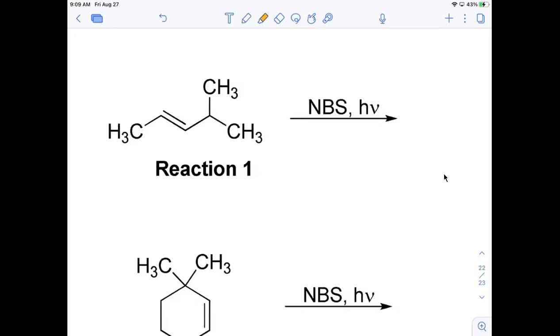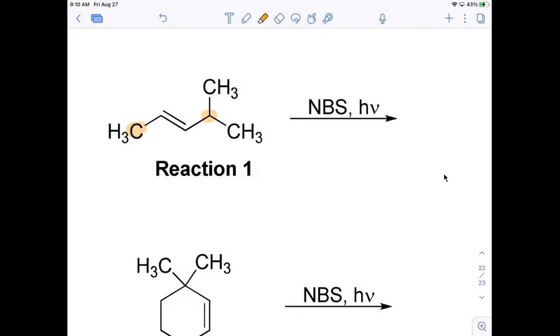Great. So we have a site right here and a site right here. Both of those are allylic carbons. When we go through the mechanism for this reaction and get to the propagation step, those are the carbons that are going to get abstracted. So how many products are we going to make?